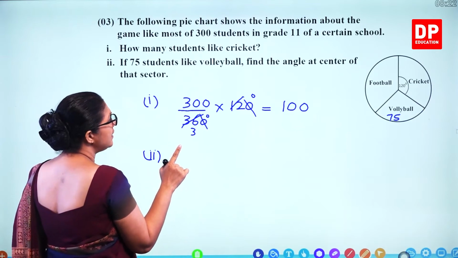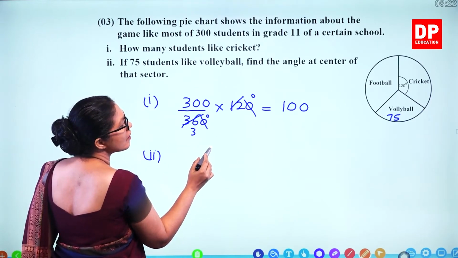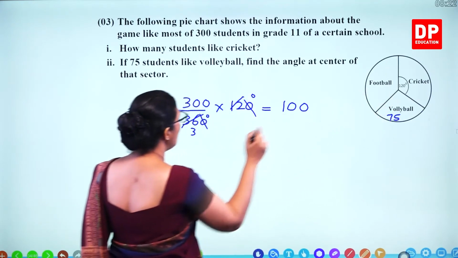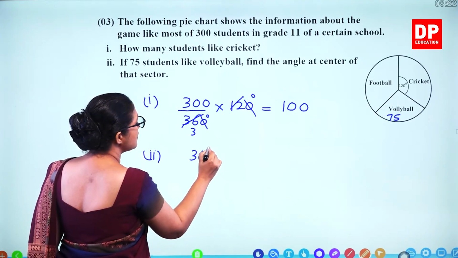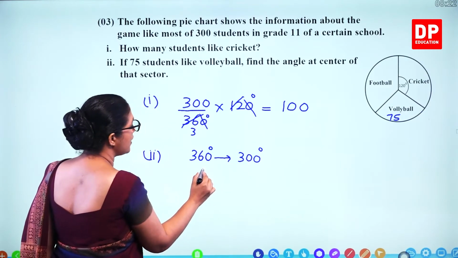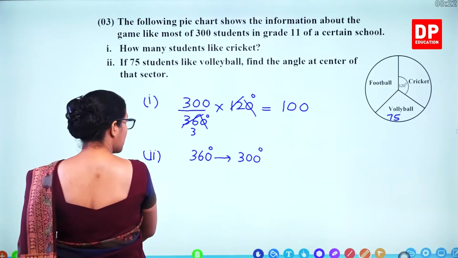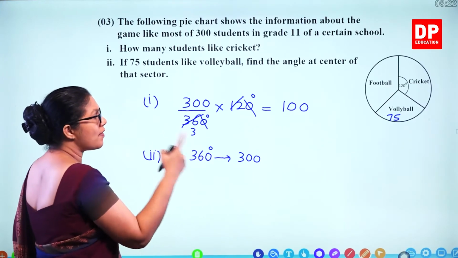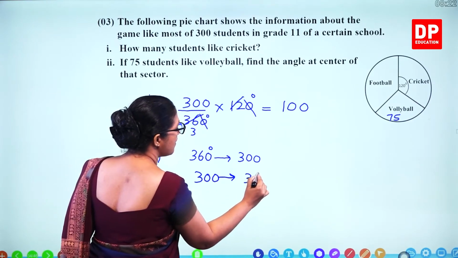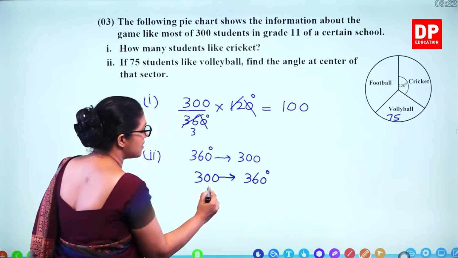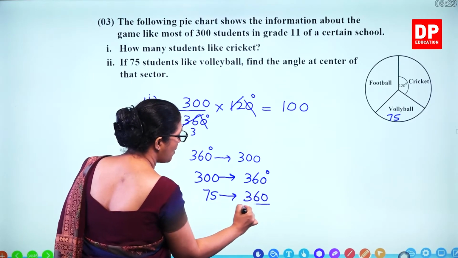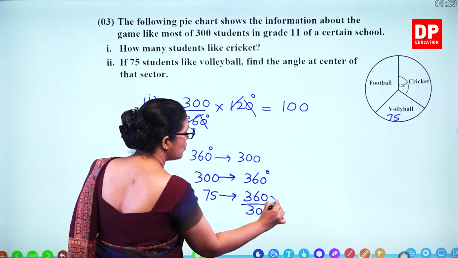So the angle we have to find, but we know 360 degrees means 300 students. So other way around. 300 students, 360 degrees. 75 students, what's the angle? 360 divided by 300 into 75.